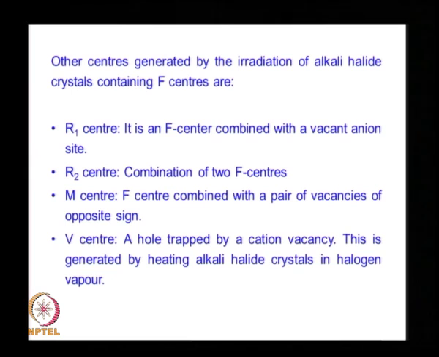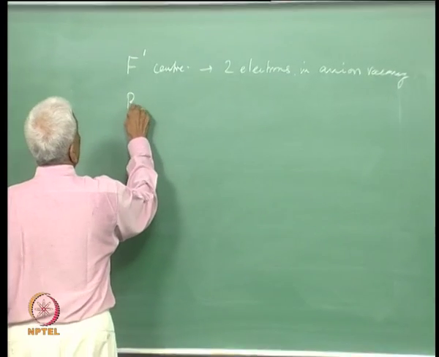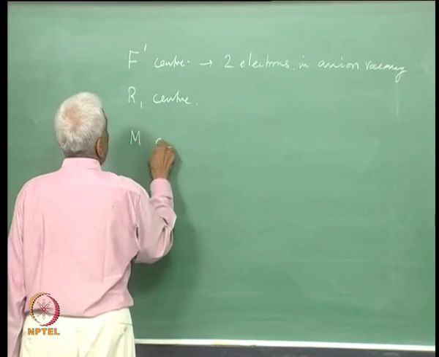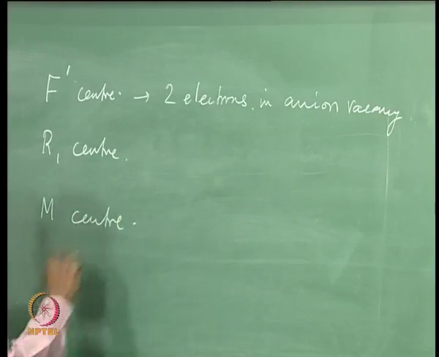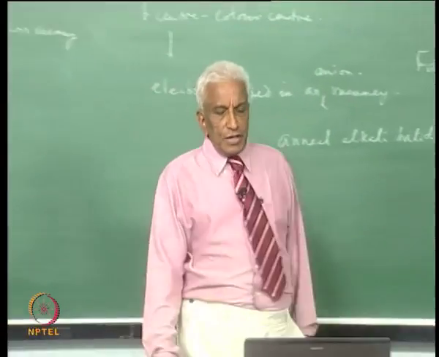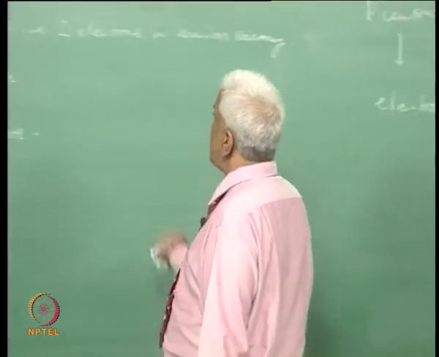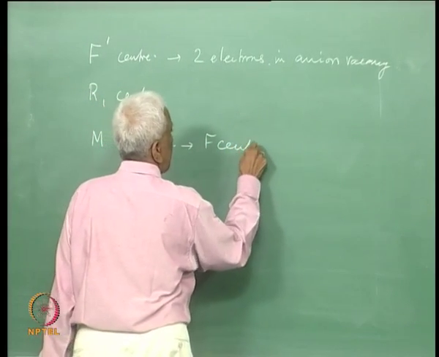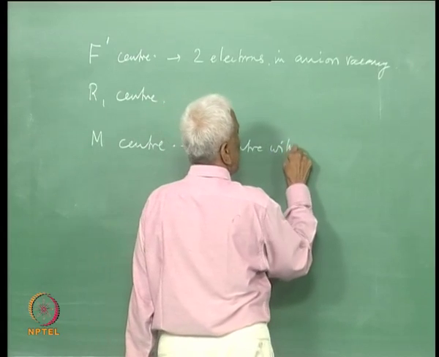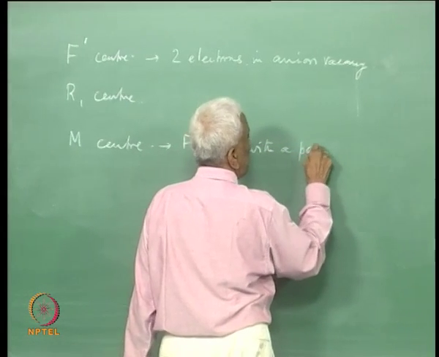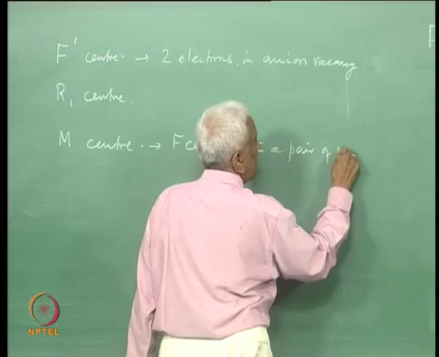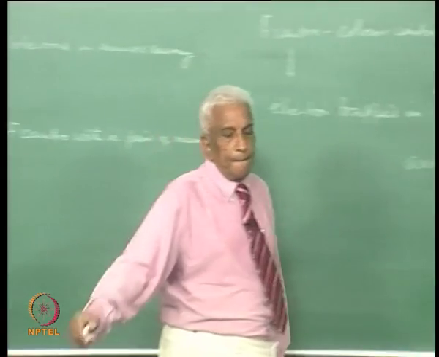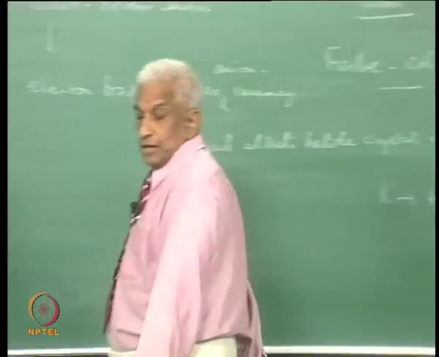Then you have the R center, R1 center, the M center. The M center is F center with a pair of vacancies of opposite sign.